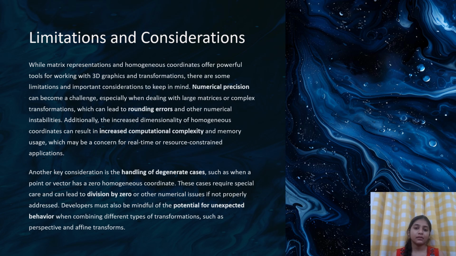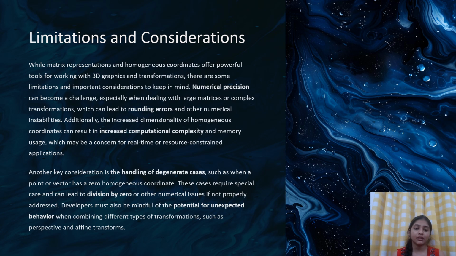Numerical precision can become a challenge, especially when dealing with large matrices or complex transformations, which can lead to rounding errors and other numerical instabilities. Additionally, the increased dimensionality of homogeneous coordinates can result in increased computation, complexity, and memory usage, which can be a concern for real-time or resource-constrained applications.